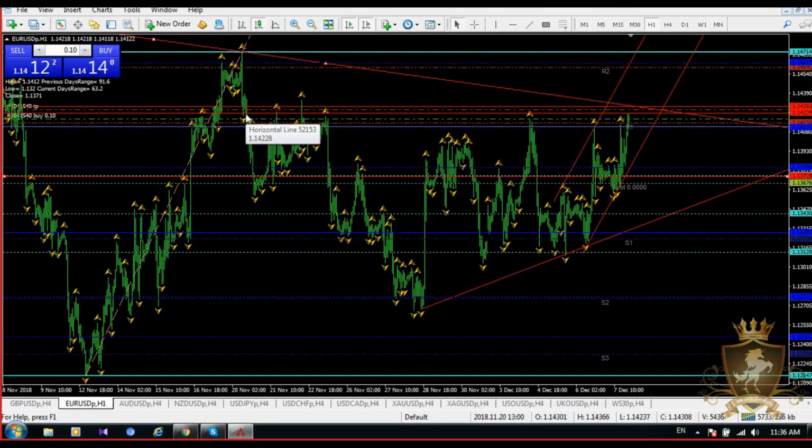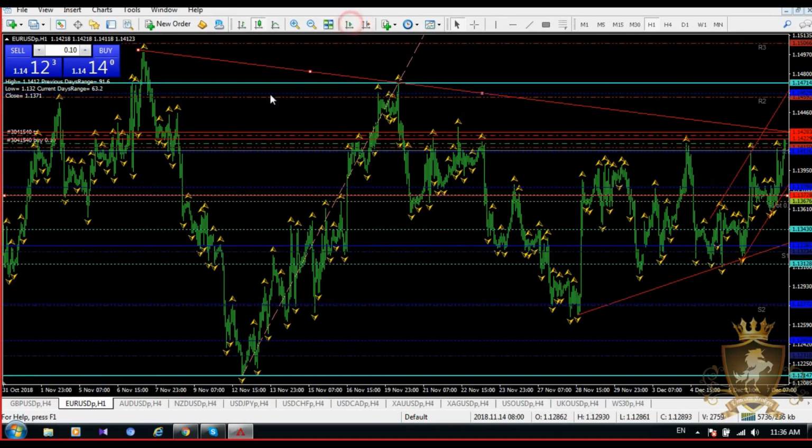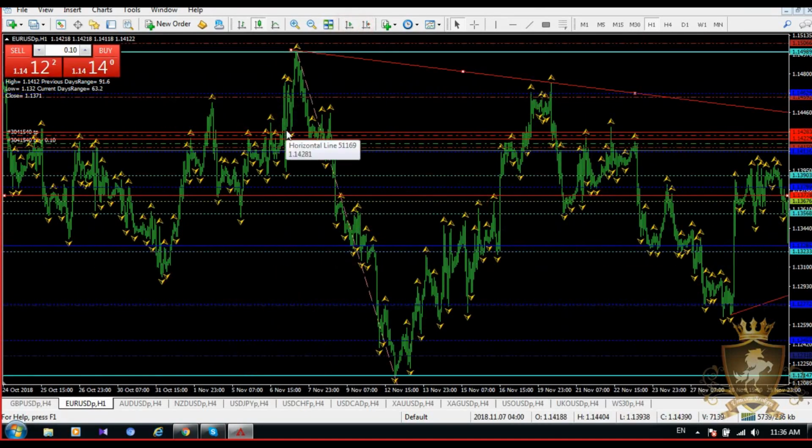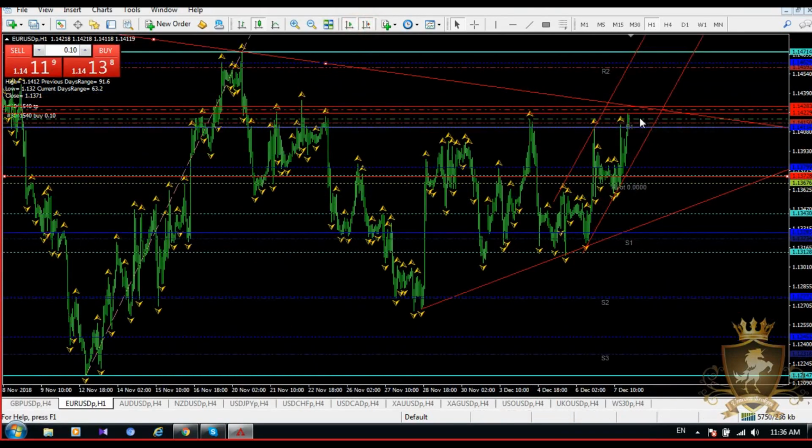Here. Here was the pivot that I had and it got a pullback. So I definitely had a peak before. So for short run trading, I could make a selling.